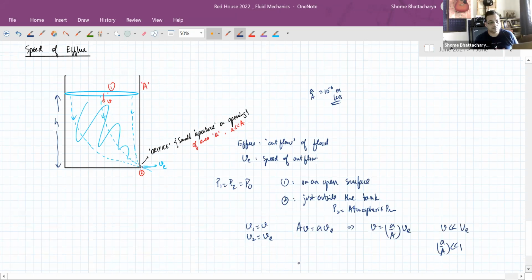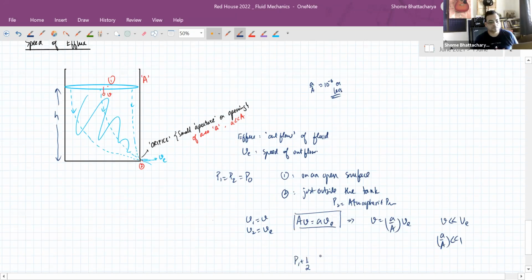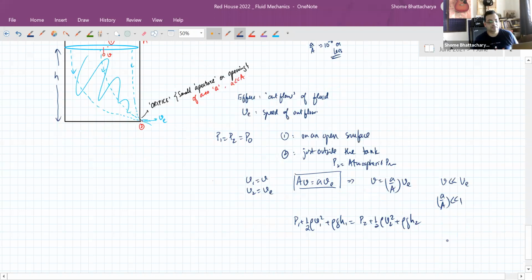Now Bernoulli's equation. In this, we can see that P1 is equal to P2 equal to atmospheric pressure. H1 minus H2 is equal to H. And V1 is equal to V, which is this much, and V2 is equal to our efflux velocity.